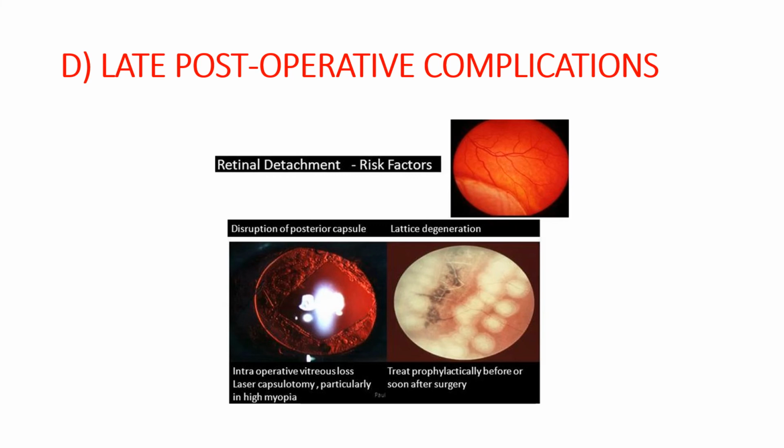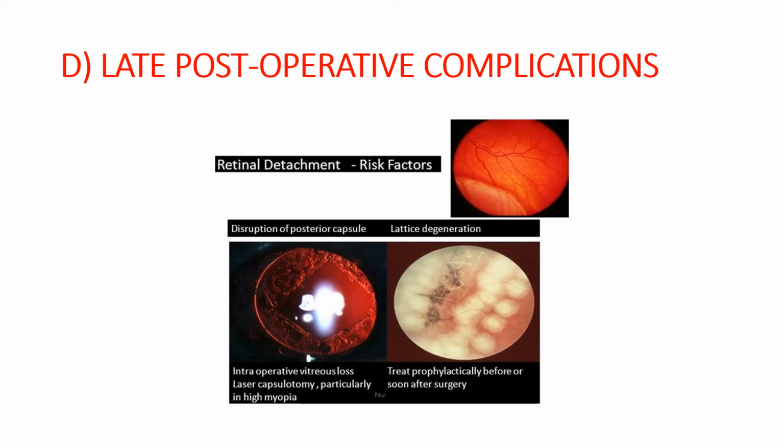So these are the weak areas of attachment of the retina to the choroid. Now, if it would have been diagnosed earlier, we need to seal the lattice degeneration by laser. But if it would not have been diagnosed, then this can be a risk factor for retinal detachment later on in life.